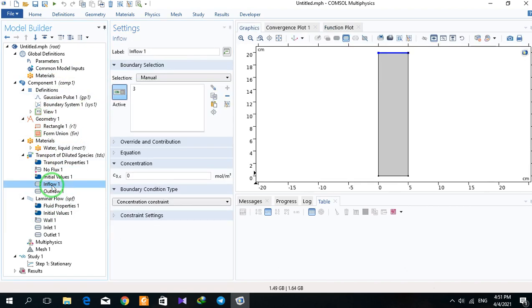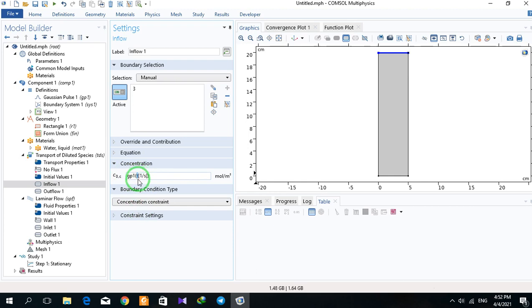So I click on inflow and I put GP1, because this is the name of the function.